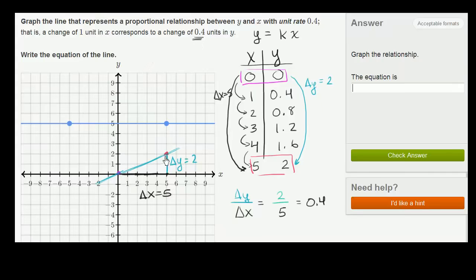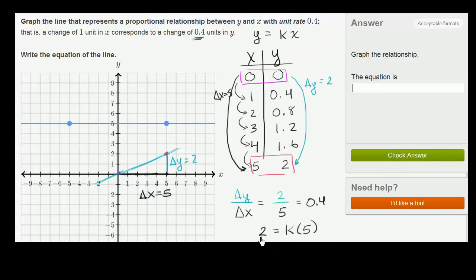I'm going to do this with the tool, but first let's also think about what the equation of this line is going to be. Well, we know that y is equal to some constant times x. And we know that the point 5, 2 is on this line. So when x is equal to 5, y is equal to 2. Or when y equals 2, we have k times 5.